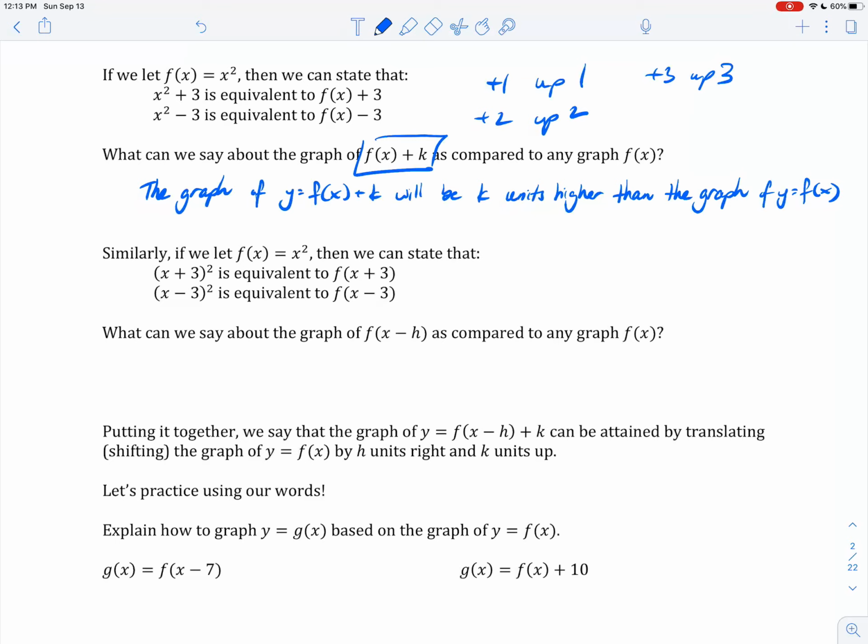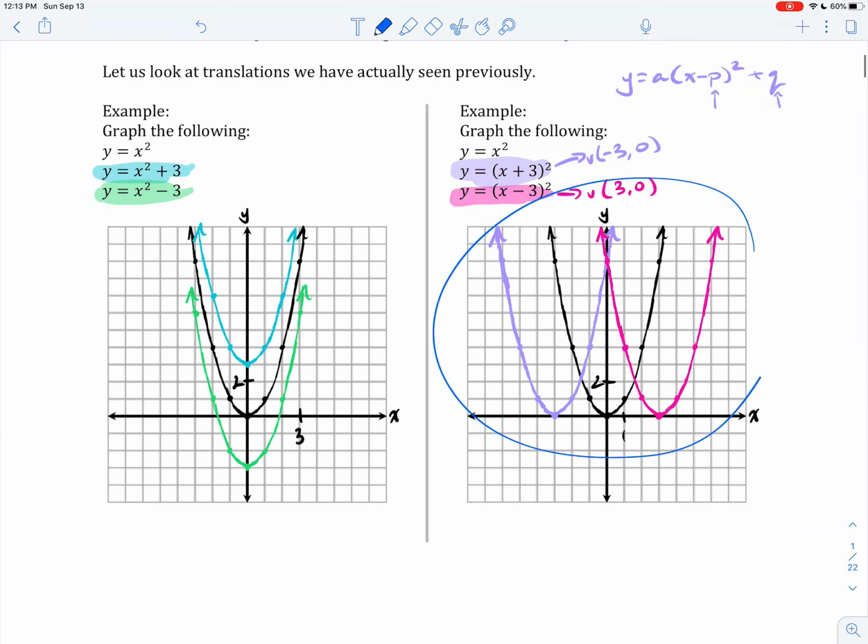And we can also similarly look at these transformations that happened on this side. And this is interesting. When we said plus 3, we moved 3 units to the left. But when we said minus 3, we moved 3 units to the right. And if this had only said minus 2 instead, I guess that would have been 2 units to the right, or minus 1 would have been 1 unit to the right.